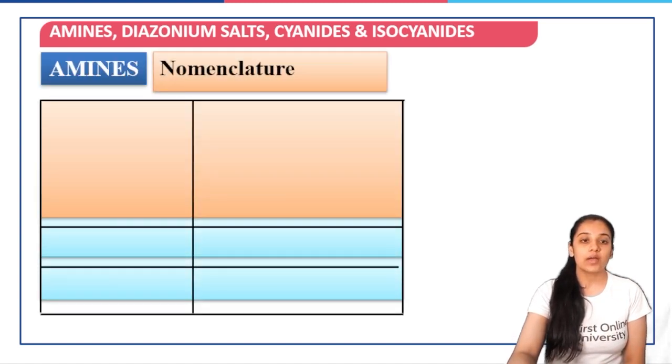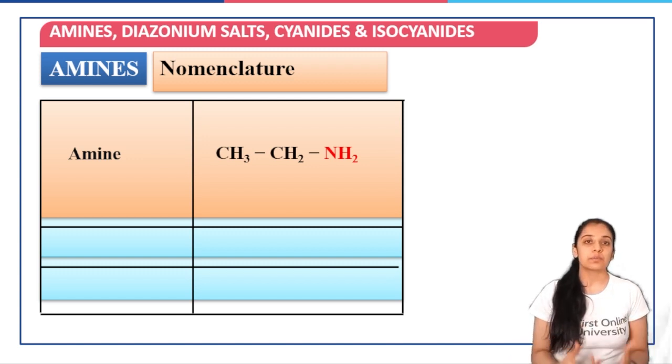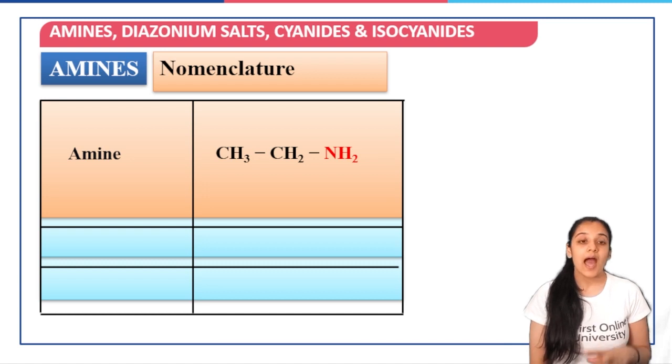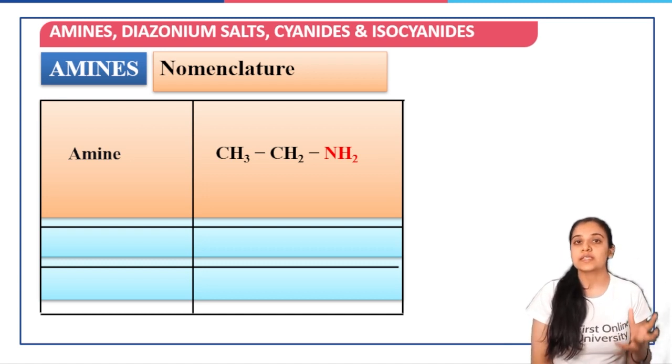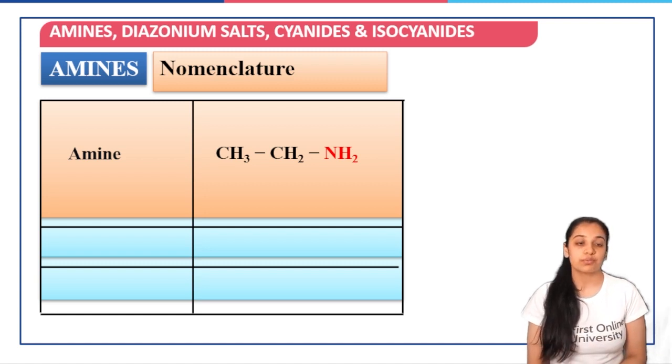Since we have discussed the rules of nomenclature already, let us look into the naming of certain compounds. With examples, you will be able to grasp the rules in a much better way, and whatever points we discussed in the previous two or three slides will now start making sense to you.